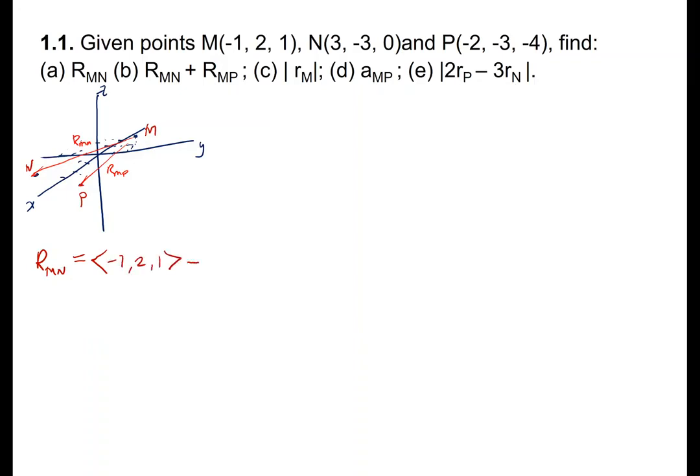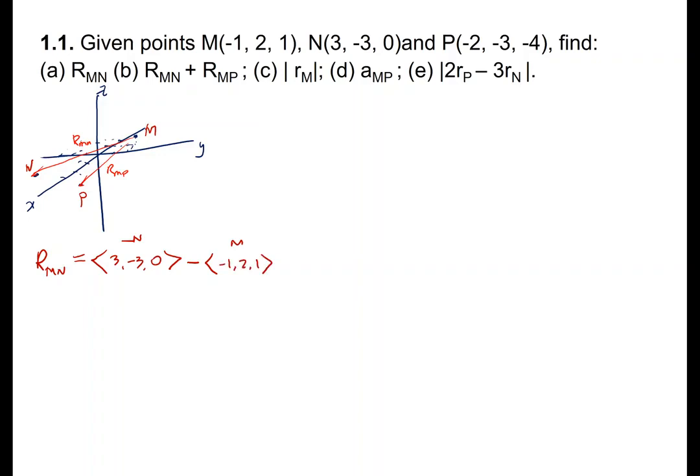And then subtract the vector of n. Sorry, I made a mistake. It should be the final minus the initial. So the final is n and this is m. So you have 3, negative 3, 0, then negative 1, 2, and 1.